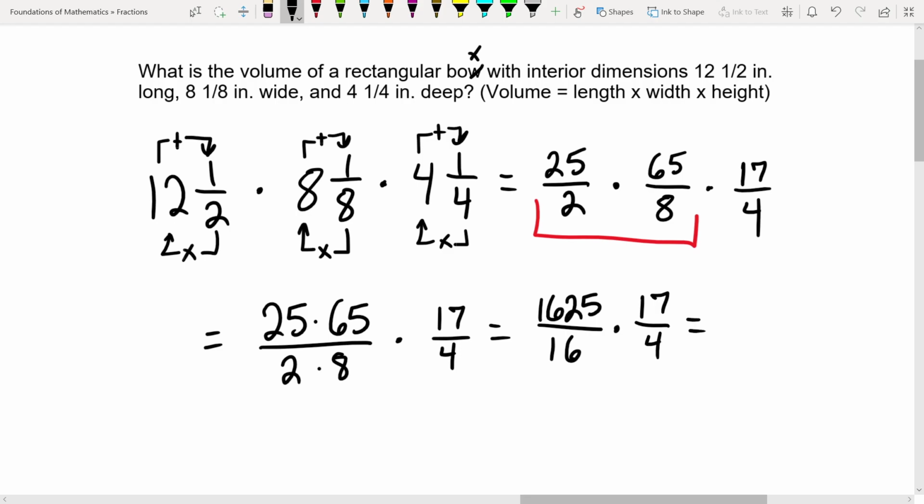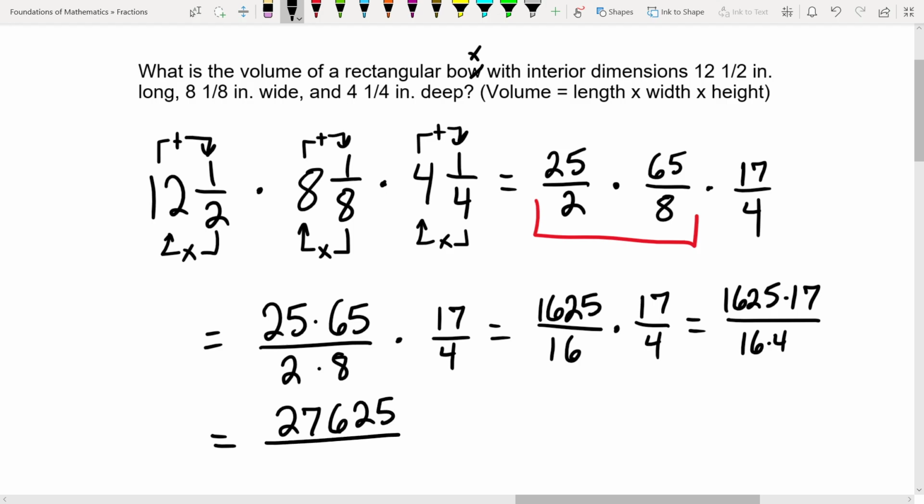And now we can do 1625 times 17 over 16 times 4. So on top we have 27625 over 64 on the bottom.